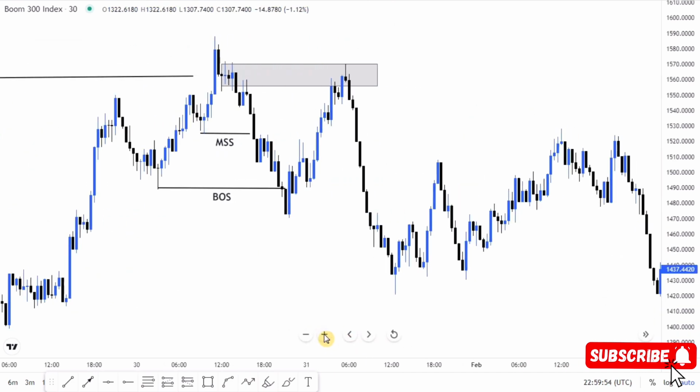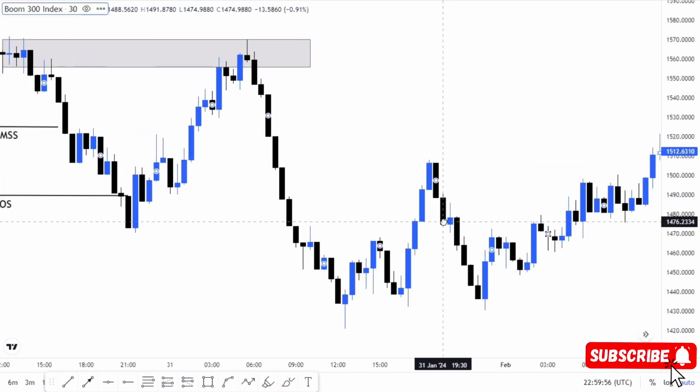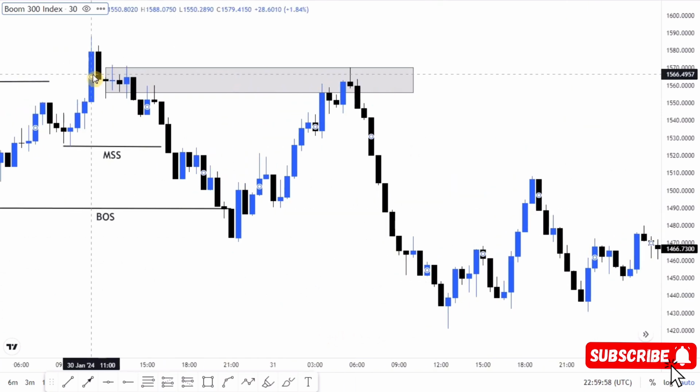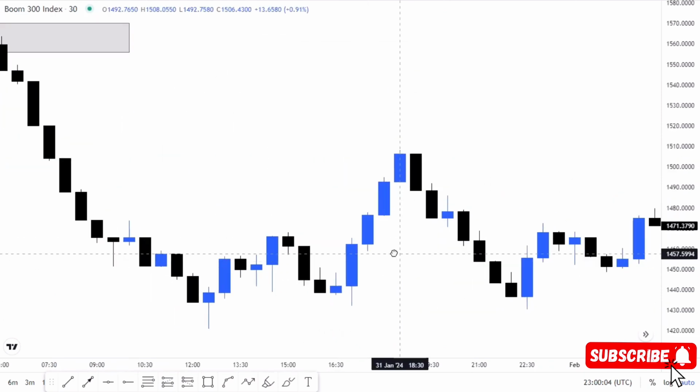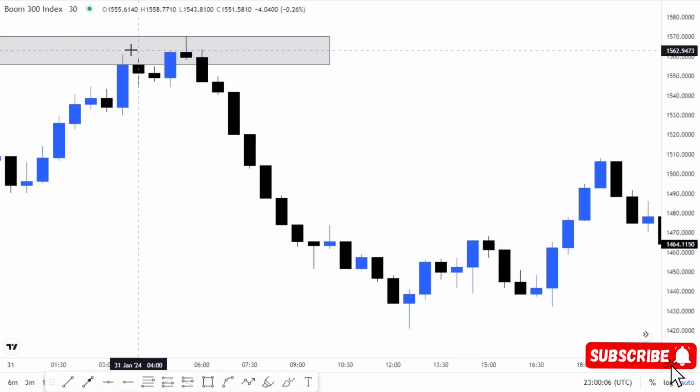We are on the 30 minutes time frame now. On the 30 minutes time frame, what can you see? You can clearly see a supply zone. For supply zones we are looking for sells, and for demand zones we are looking for buys.